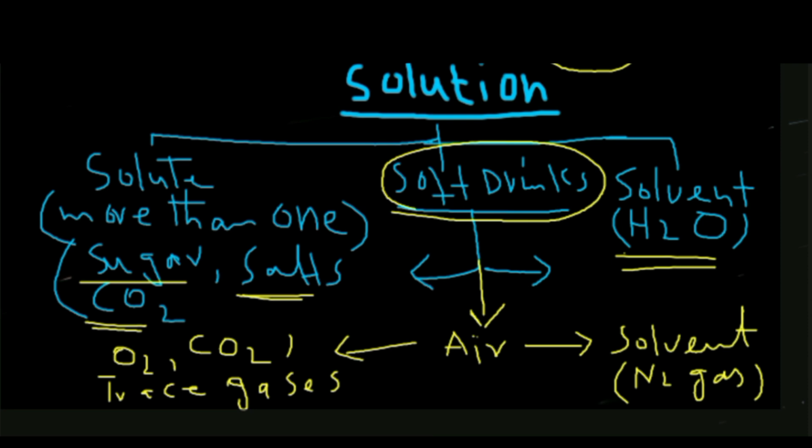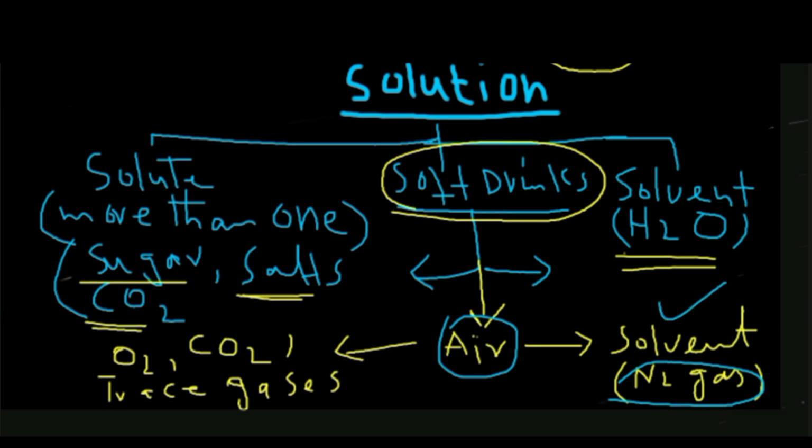Another example of a solution is air. Air is also a solution which contains solute and solvent. In this case, the nitrogen in air is the solvent because it is present in a large amount.